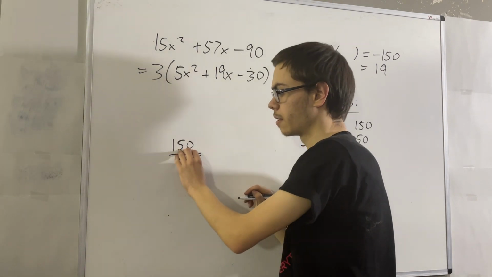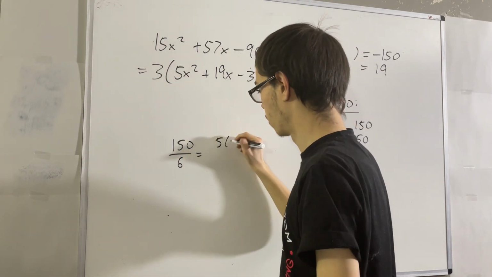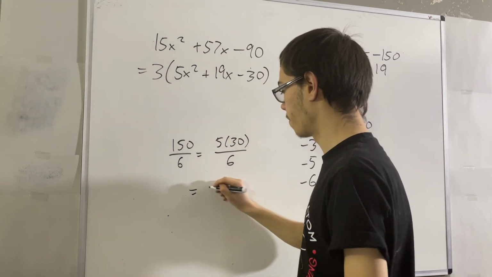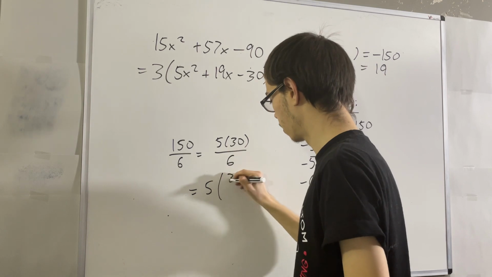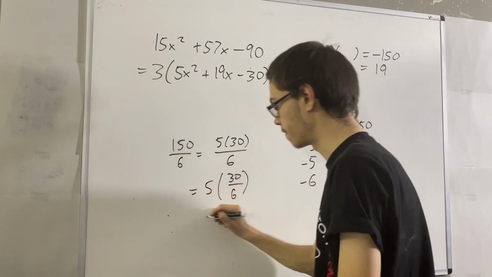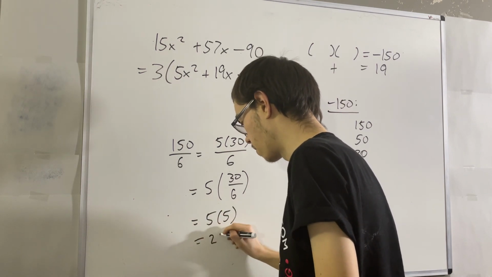We know that 150 can be broken up into 30s. In other words, 5 30s. But really, 30 divided by 6 is 5, so really you get 5 times 5, which is 25.